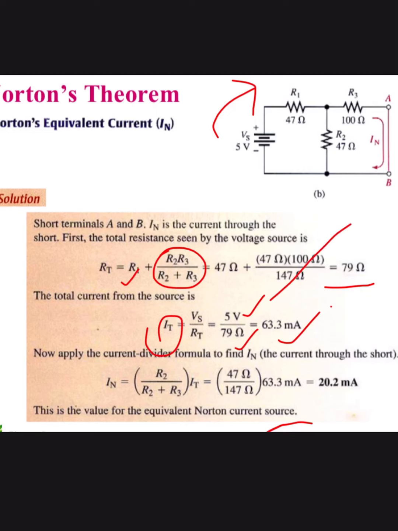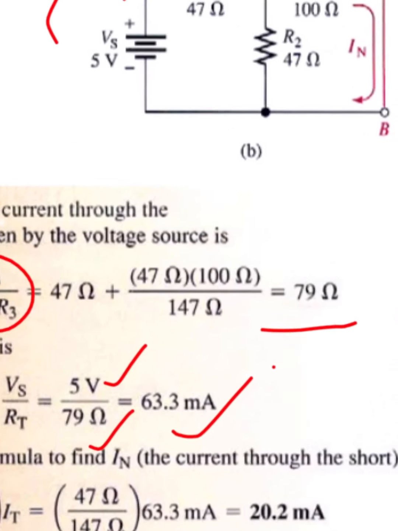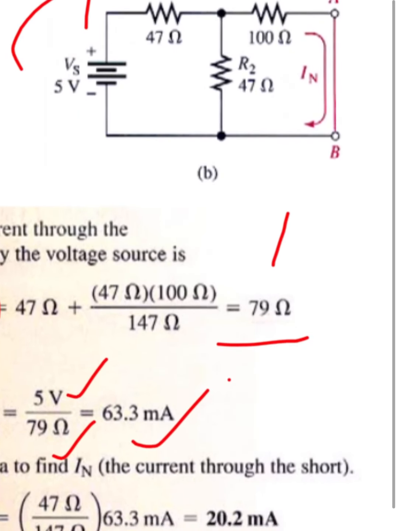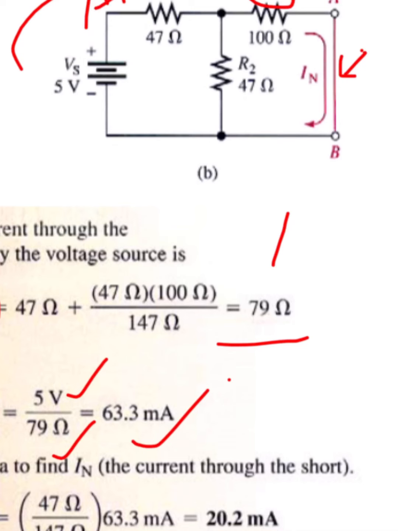This is the IN as pointed out here. So this IN will be the same as the current flowing through this R3. Once we have calculated IT, the total current, how will this IT be distributed from here?